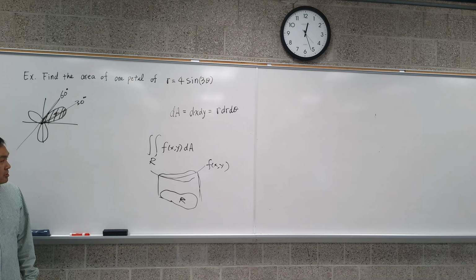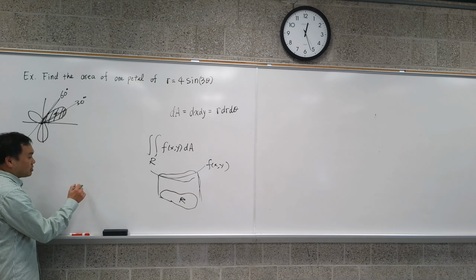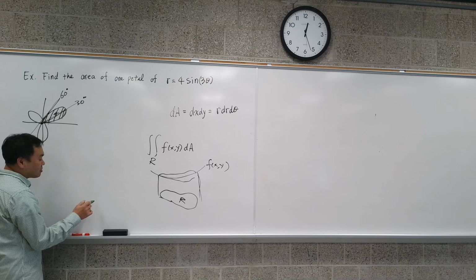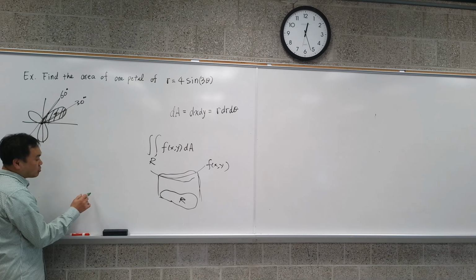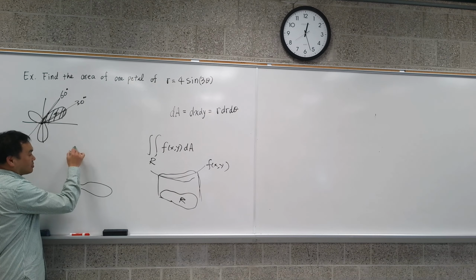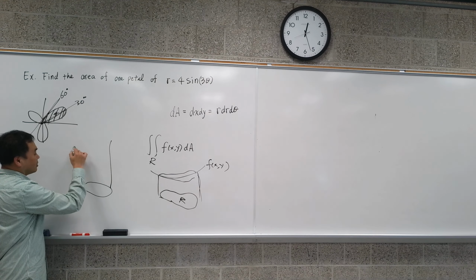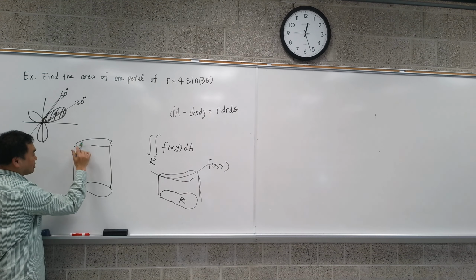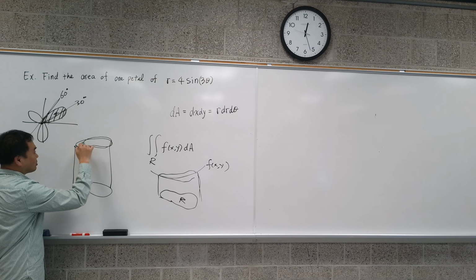But here's an interesting thing that we know about columns. Columns, or sometimes known as prisms, are these geometric three-dimensional objects where you have some base and it just goes straight up, and all the cross sections are exactly the same.